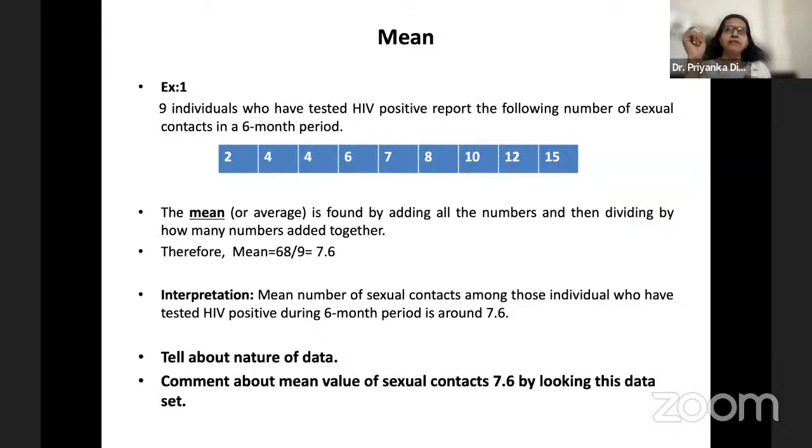Maximum participants have reported 4 times sexual interaction during last 6 months. Is it clear? Interpretation of mean, median, mode, and when we can apply mean, when we can apply median, when we can apply mode. Just a quick thing.